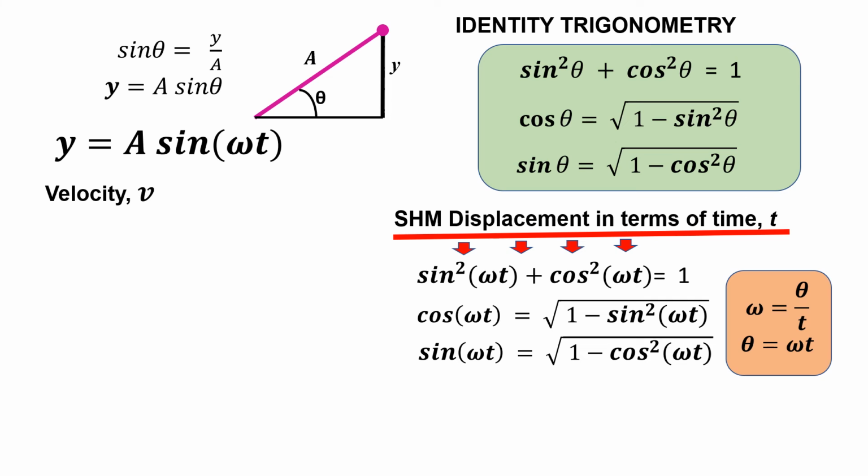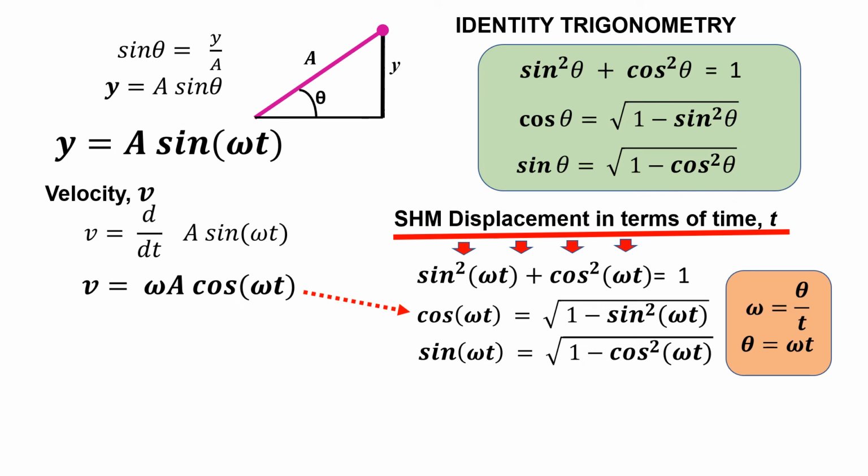So, persamaan velocity v, kita cuba derive daripada persamaan y, displacement. Kita derive dy over dt, we will get velocity v. Kita akan dapat v is equal to omega A cos omega t.